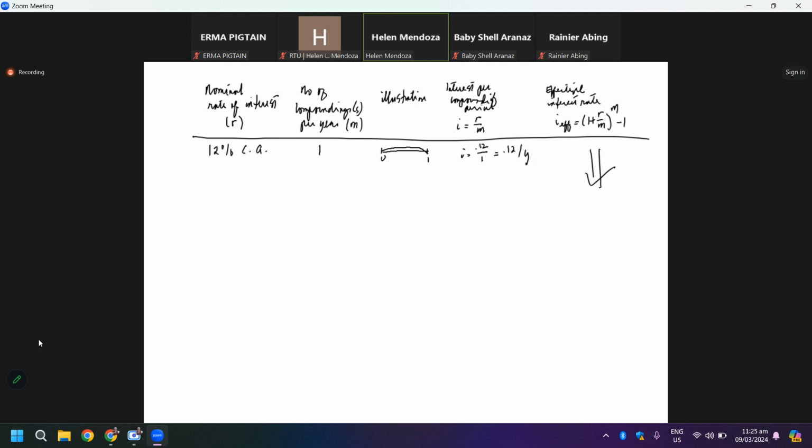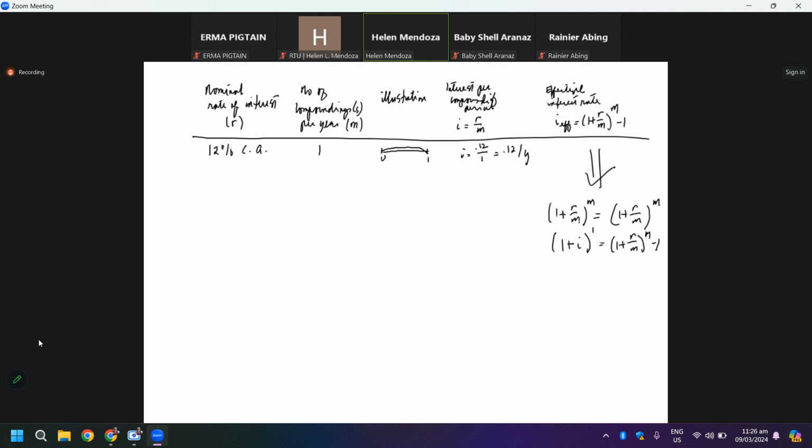So what we did earlier is the same. What comes out here is 1 plus R over M raised to M. When compounding is once a year, M has a value of 1.